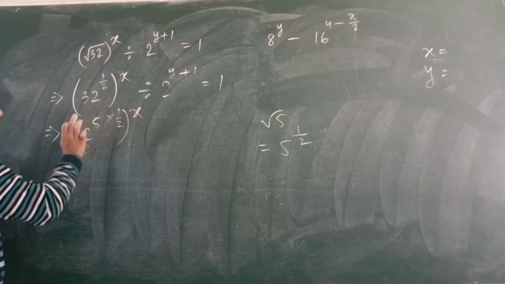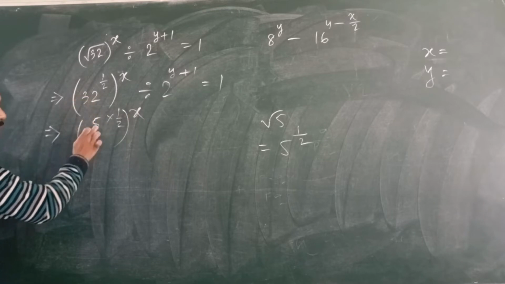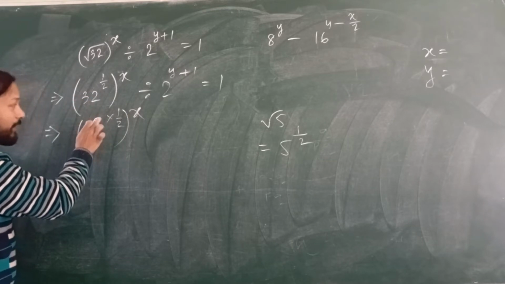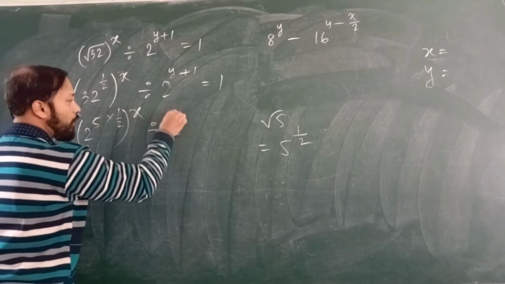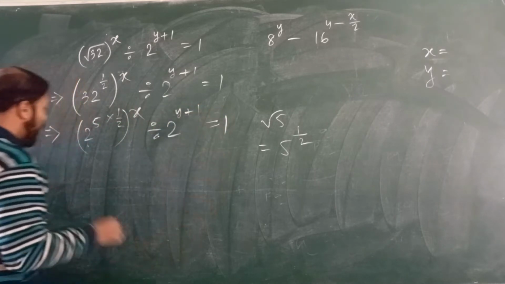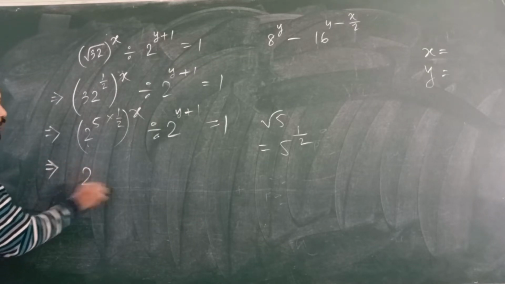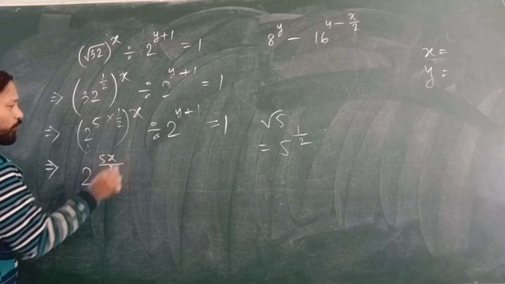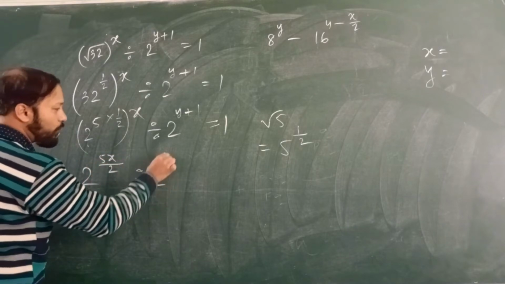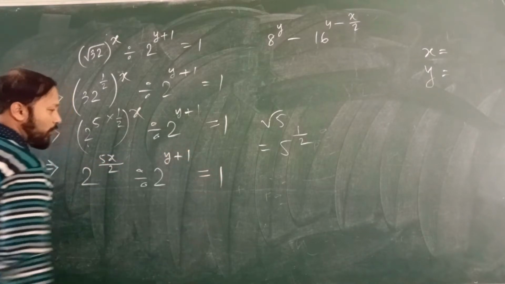Understood? Total 3 powers are there: 5 is the first power, then the second power is half, then the third power is x. Divided by 2 to the power y plus 1, equal to 1. So 2 to the power 5 into half into x is 5x by 2, divided by 2 to the power y plus 1.